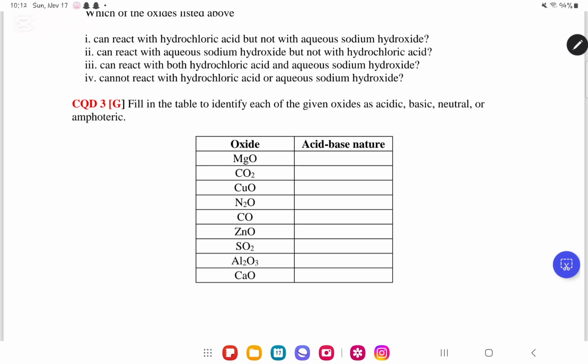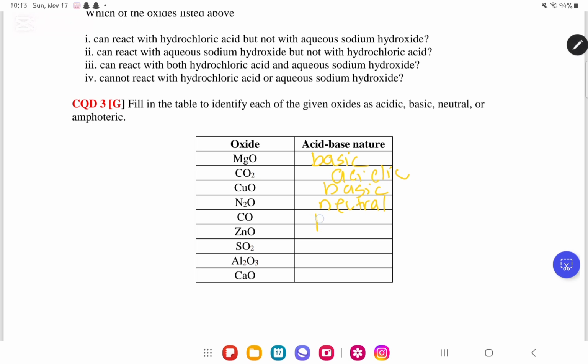Now remember, if it's a metal and an oxide, then it is basic. If it's a non-metal and an oxide, then it is acidic. Metal, oxide, basic. Now N2O is neutral. Remember, it looks like H2O. H2O is water, it's neutral. So N2O is neutral.